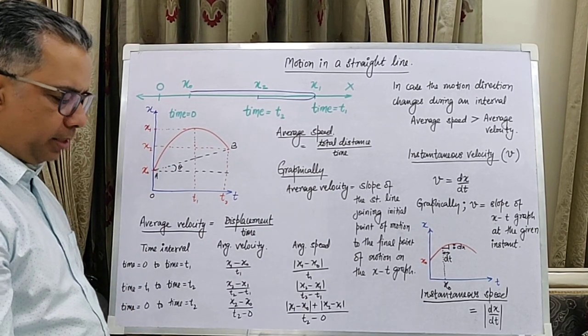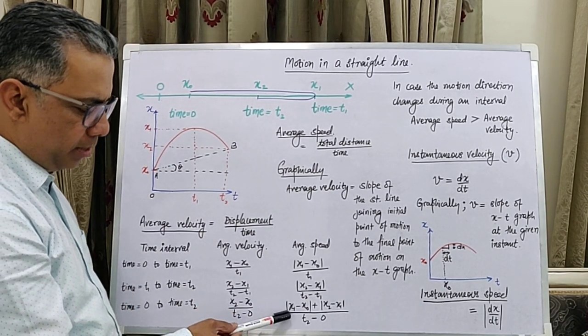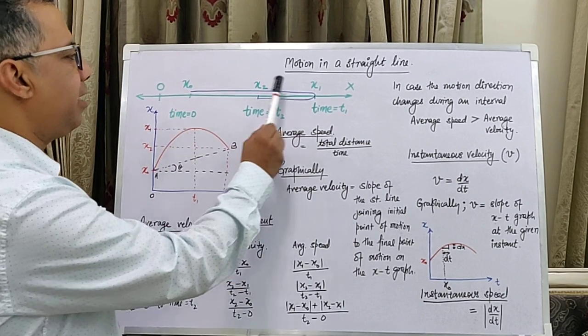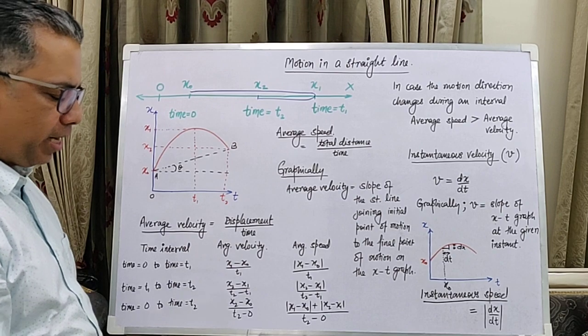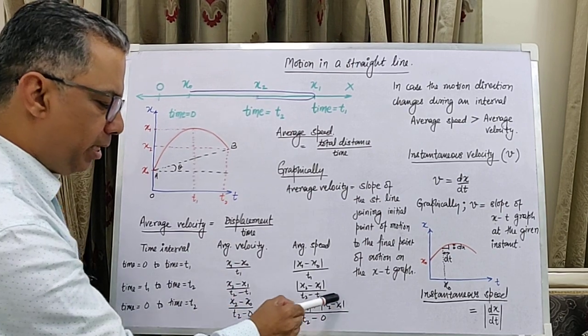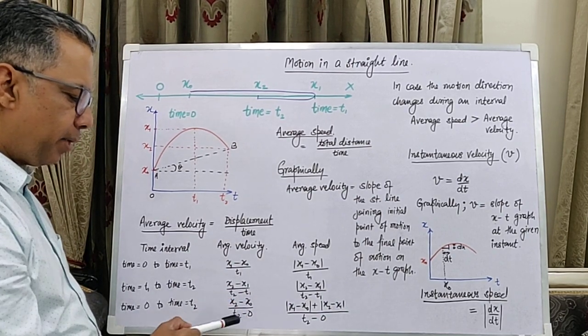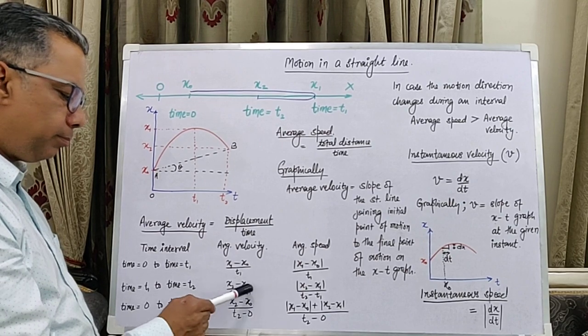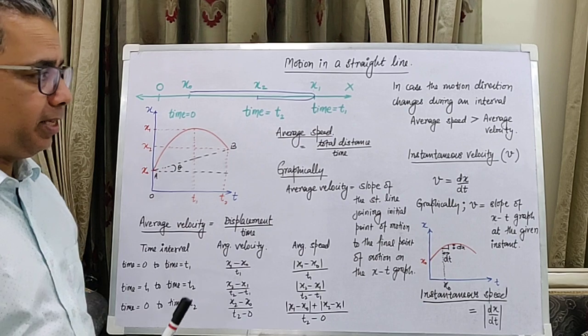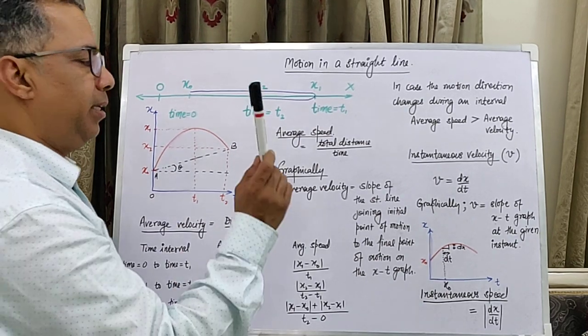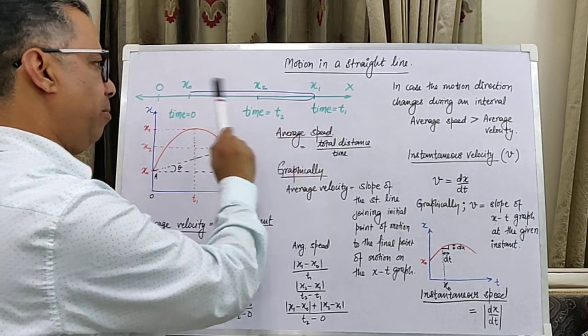Interestingly, you will notice that the average speed for this entire motion, which involves a reversal, which involves a change in direction, is going to be greater in magnitude than the average velocity. And that will always be the case whenever there is a reversal in motion direction.